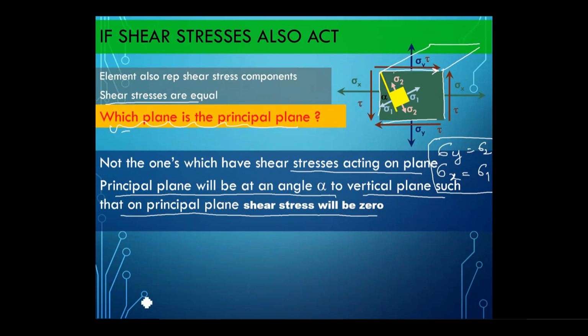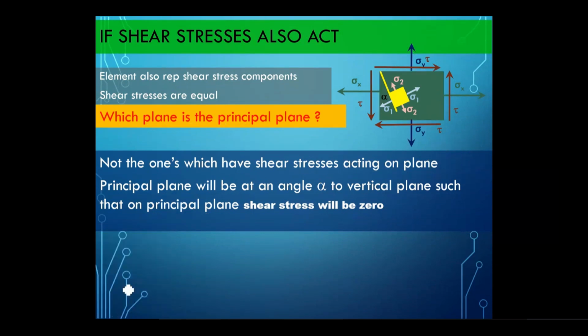So होगा ये कि there is a certain plane at an angle alpha जिसके ऊपर जो सिग्मा y और टाउ के कंपोनेंट है they would cancel out और सिर्फ नॉर्मल स्ट्रेस एक्ट कर रहा होगा. Alright?